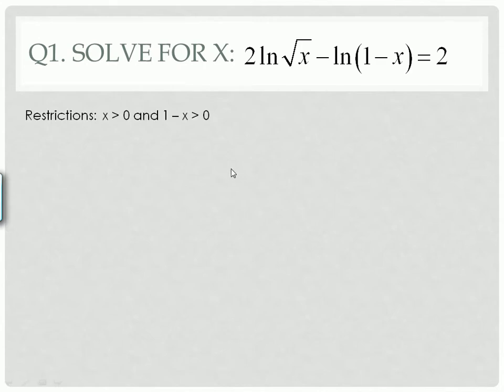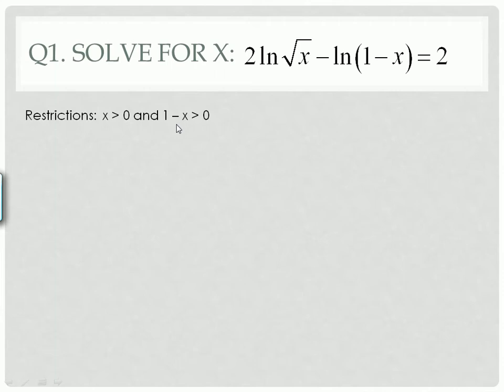And so notice that I have restrictions on x. From this first term, the natural log of the square root of x, we know that x has to be greater than 0. And from the natural log of 1 minus x, we know that 1 minus x has to be greater than 0.